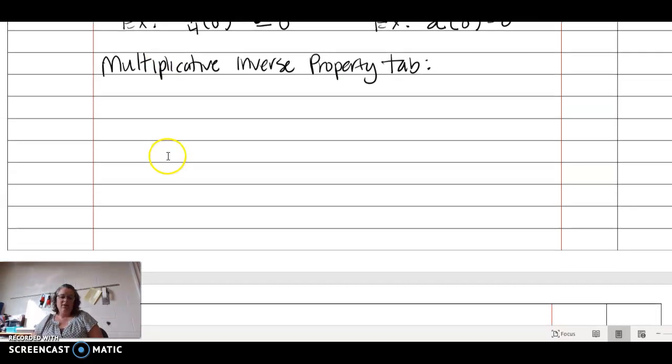This one's a fun one, and we use this one a lot, especially when we're simplifying fractions. So it's what we look for when you multiply another number to get 1.